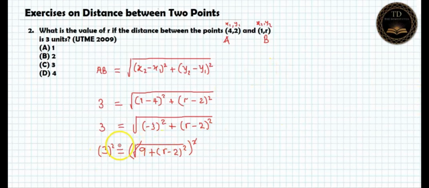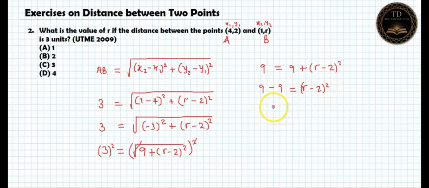And so we have 3 squared, which will be 9, will now be equal to, we're left with just 9 plus r minus 2 all squared. And then I'll take 9 over. I'll have 9 minus 9 will be equal to r minus 2 all squared.